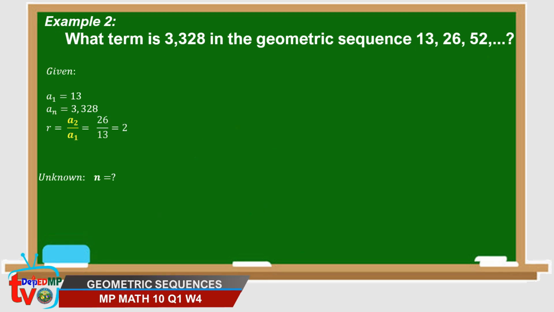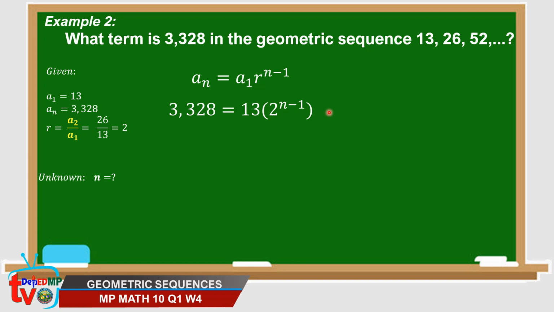So next is to substitute the given values in the geometric sequence formula. Change a sub 1 to 13, a sub n to 3328, and r to 2. So we have the equation 3328 is equal to 13 times the quantity of 2 raised to n minus 1.